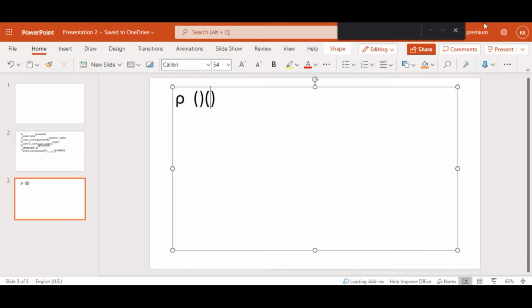Here we had to mention the original name, and we had to mention the new name that we are going to change to. So for the table, the original name was stock, and now we are going to rename it into inventory like this. So this is how it goes.